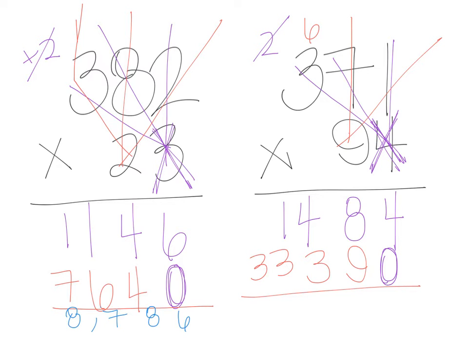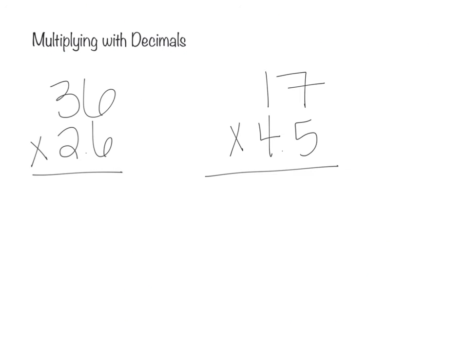So then I add: 4 and 0 is 4, 9 and 8 is 17, 4 and 3 is 7, plus 1 is 8, 3 and 1 is 4, bring down the 3, 34,874.